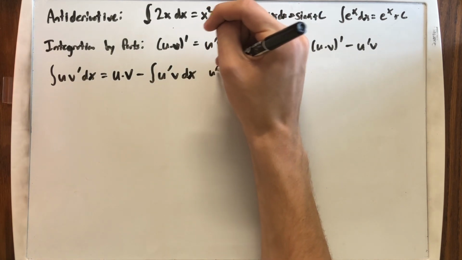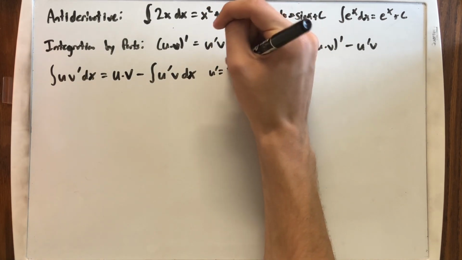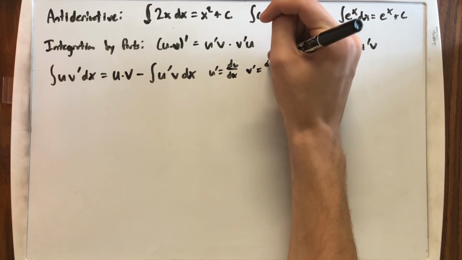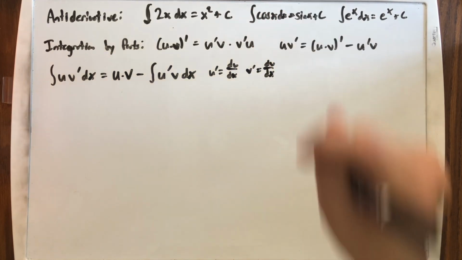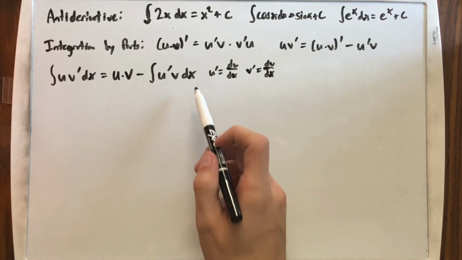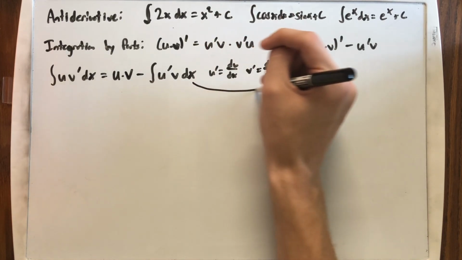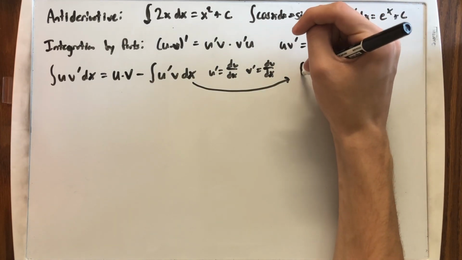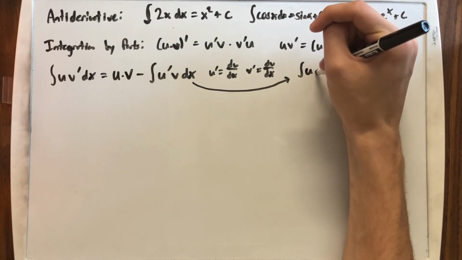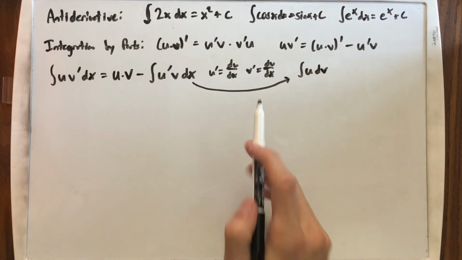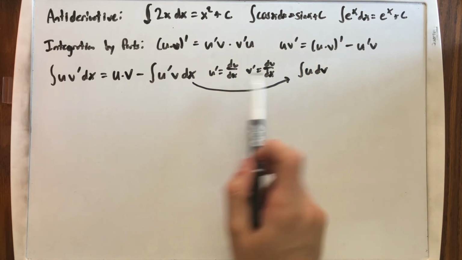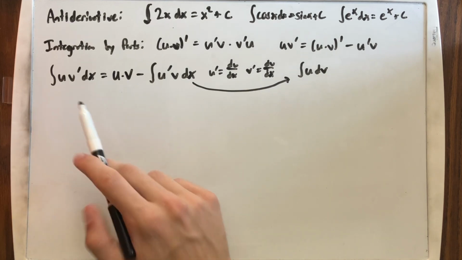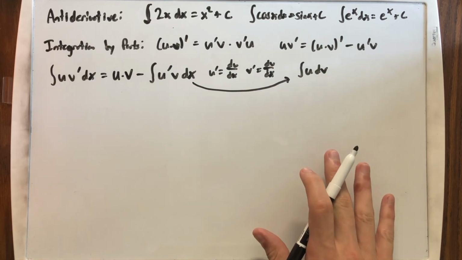Now, since u prime is just du dx and v prime is dv dx, we can actually write this like this, where we have the integral of u dv, where we plug this in here, and we have a dx down here and a dx up here, and you can sort of imagine those canceling out.